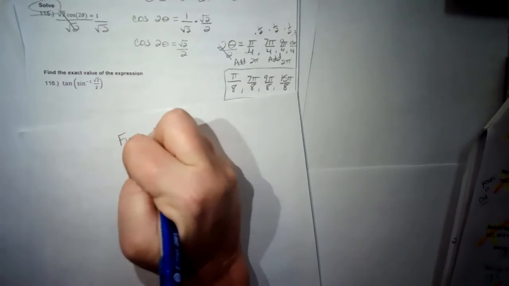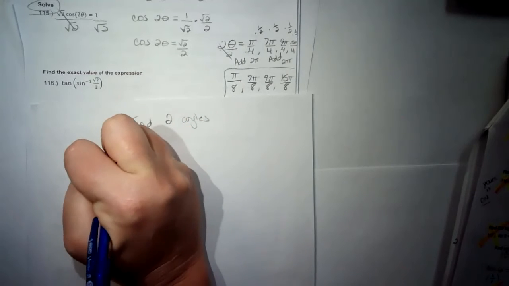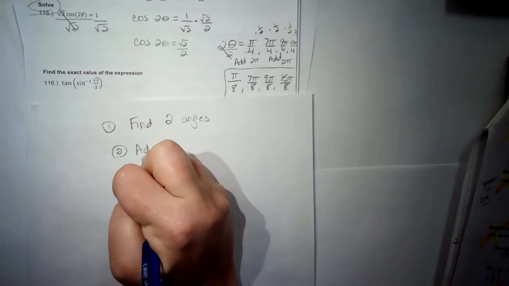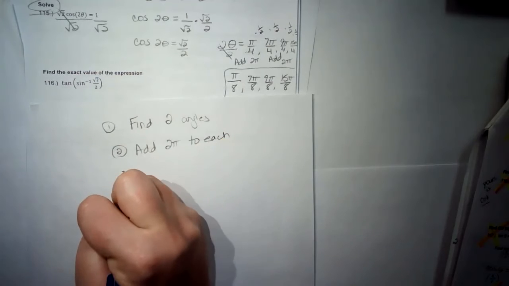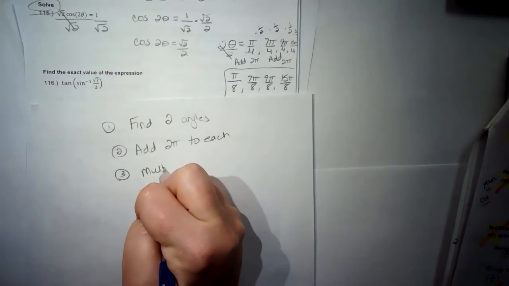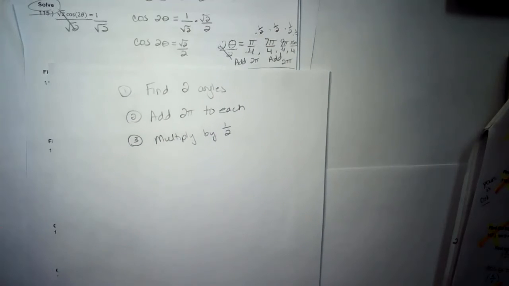So you find your 2 angles, you add 2 pi to each, you multiply by 1/2. That's going to give you your 4 that you want.